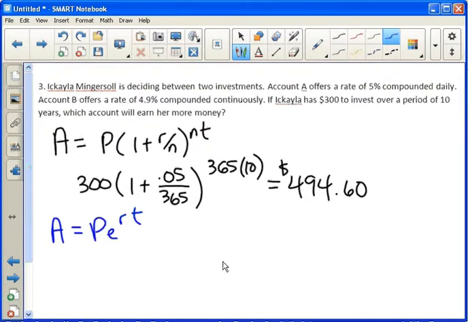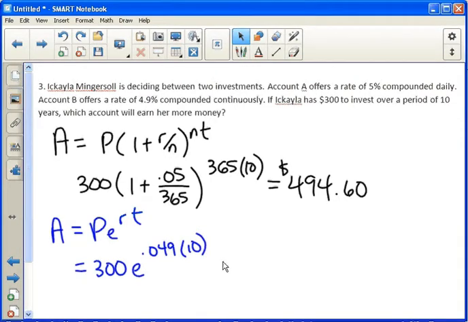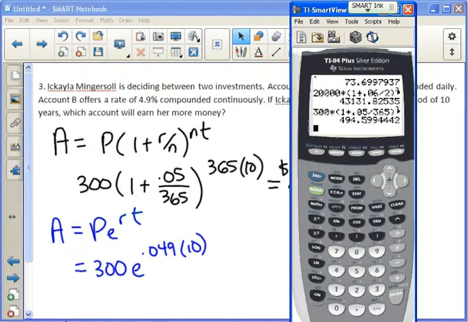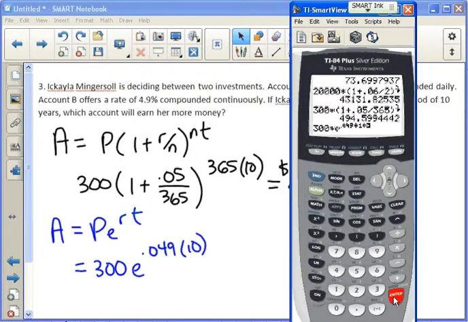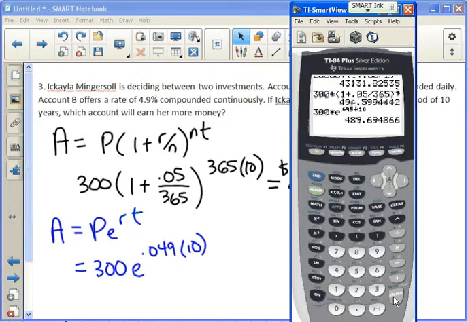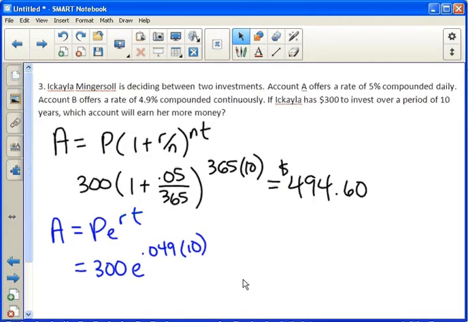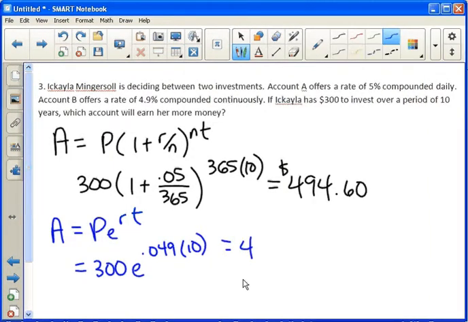Our principal is still $300. Our rate is 4.9%, or 0.049 as a decimal, and our time is still 10. So let's plug this in, see what we get. 300 times e raised to the 0.049 times 10. So you get $489.69. So account A is better.